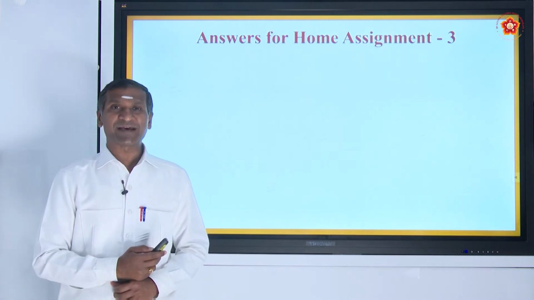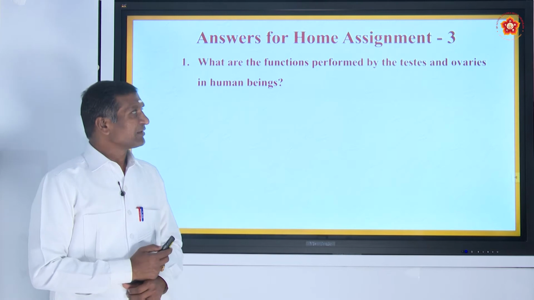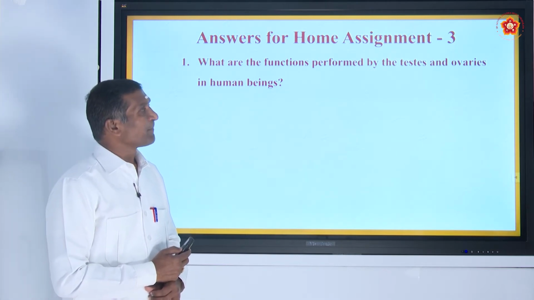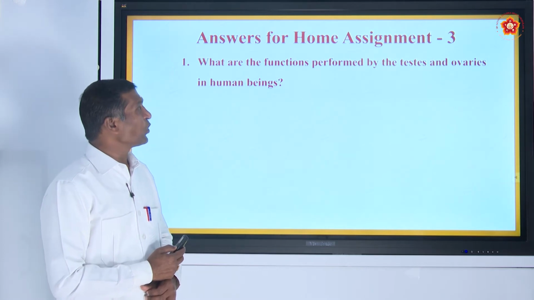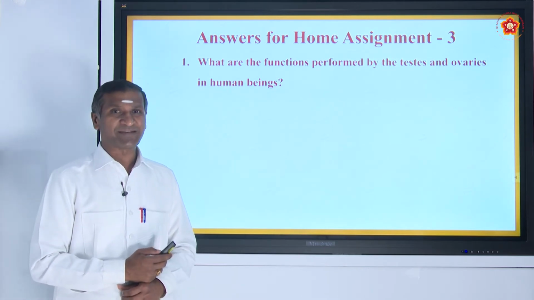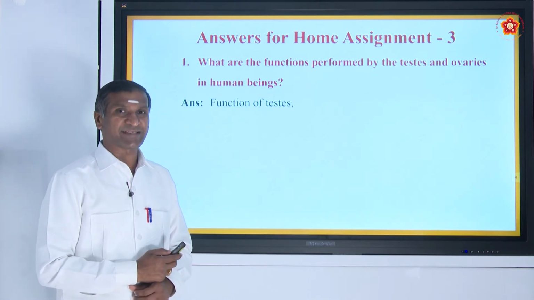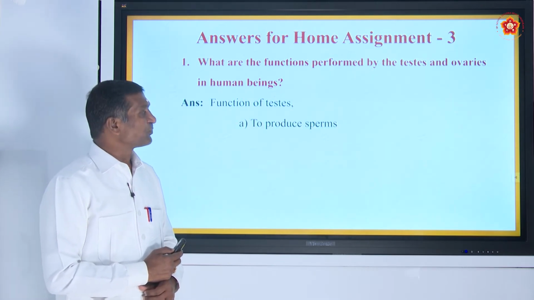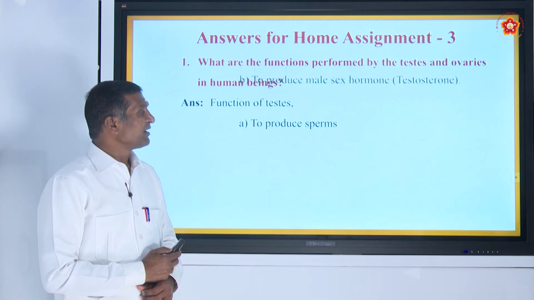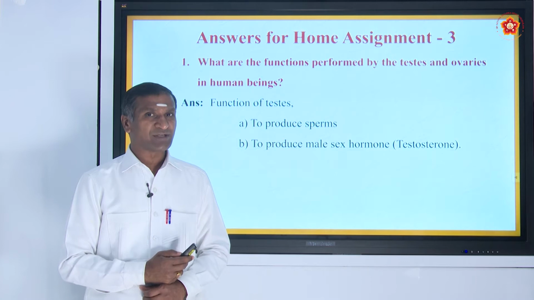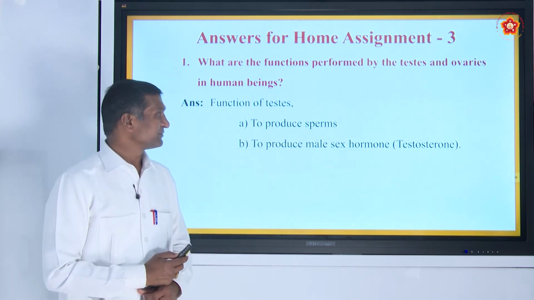Answers for the home assignment 3. The first question, what are the functions performed by the testes and ovaries in human beings? Function of testes: to produce the sperms and also to produce the male sex hormone called testosterone.